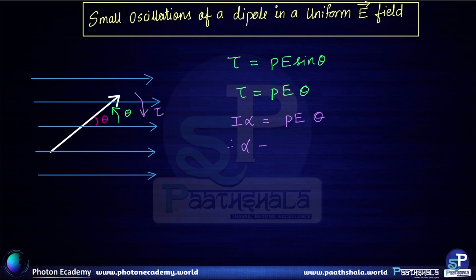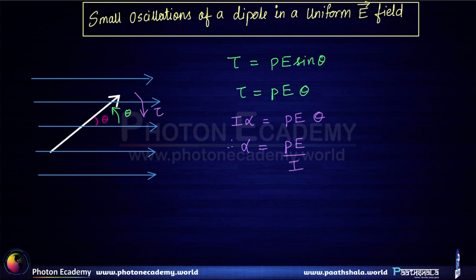Therefore alpha will be equal to PE divided by I times theta in this small angle approximation. So we are already making the small angle approximation. So this step is the step wherein we made the small angle approximation.